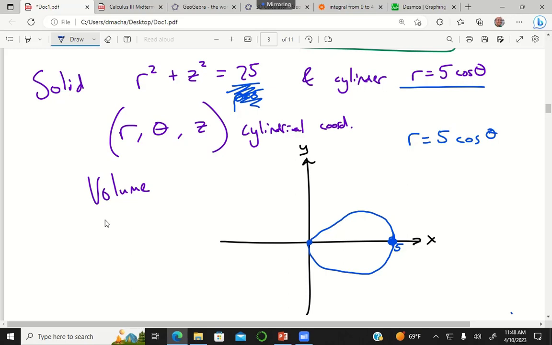I don't like that though, because then R goes negative. You know, if theta is anywhere from pi halves to pi, then R is negative. And so maybe let me change my bounds on theta, and let me see if you guys can follow why I would do this.